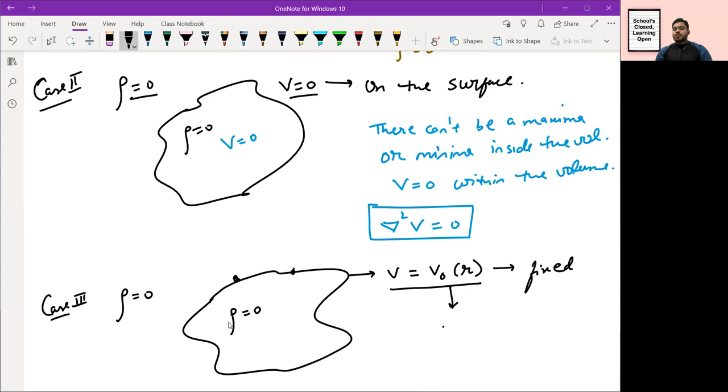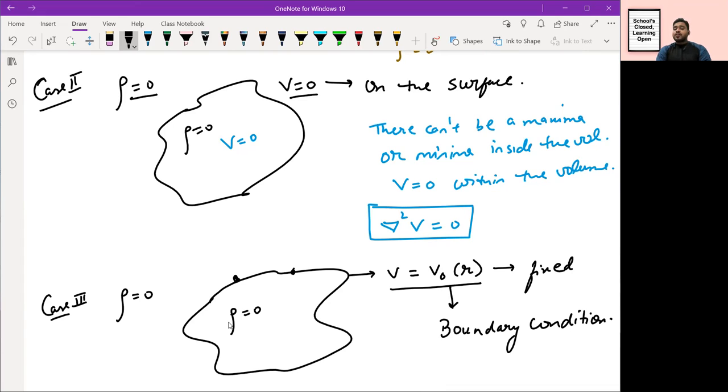This is a boundary condition. The answer for this question is there can be only one distribution of potential.